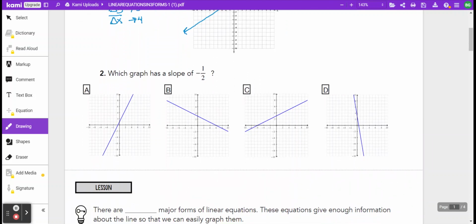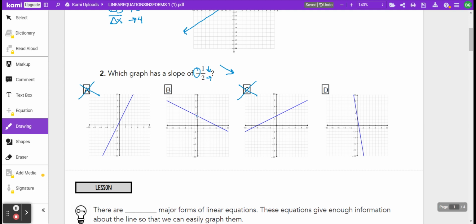Looking at number 2, we're looking for a graph that has a slope of -1/2. Being that is a negative, that means my line is going to be going downward. So we can automatically get rid of A and C. So we're looking for something that's going to go down 1 to the right 2.